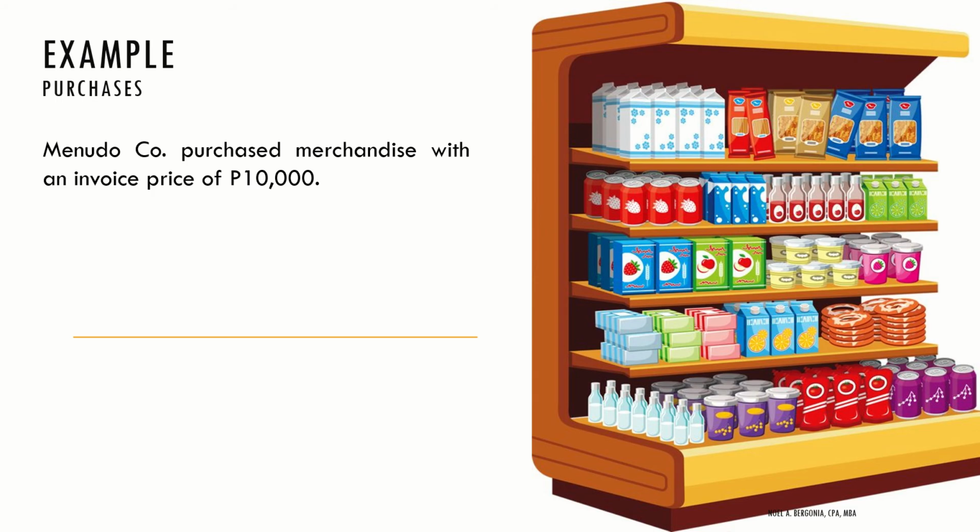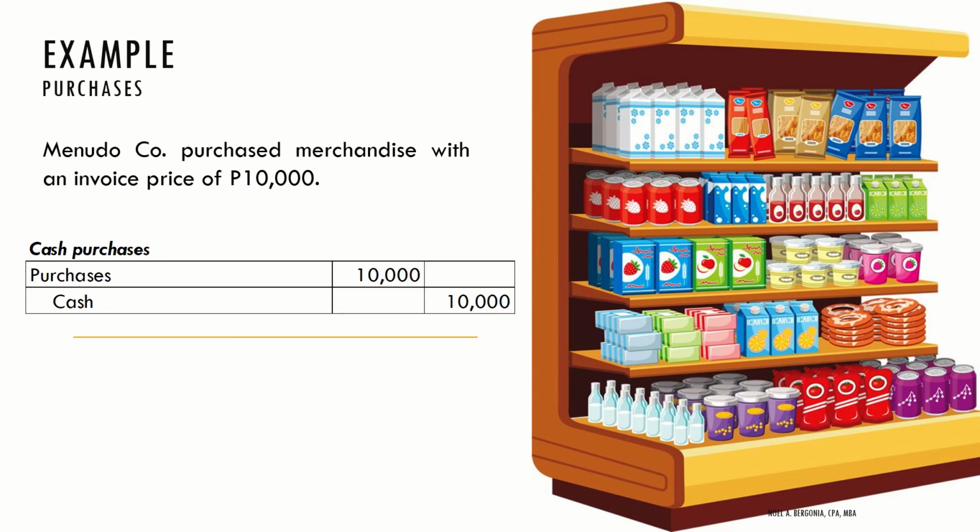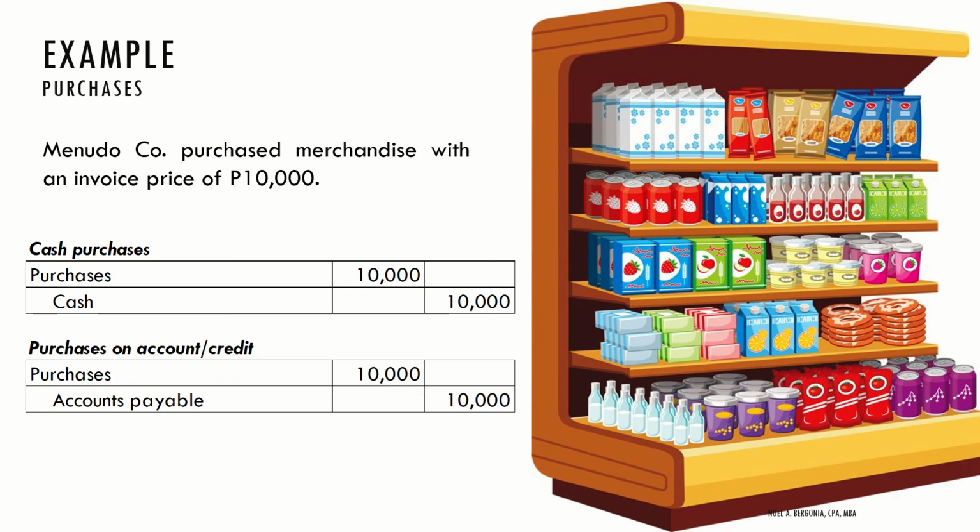How do we record it? If it is cash purchases, we just simply debit purchases and credit cash for 10,000 pesos. While if it is on account, we will be debiting purchases, 10,000 pa rin, and we credit accounts payable naman. So that's how we record our purchases either for cash or on account.